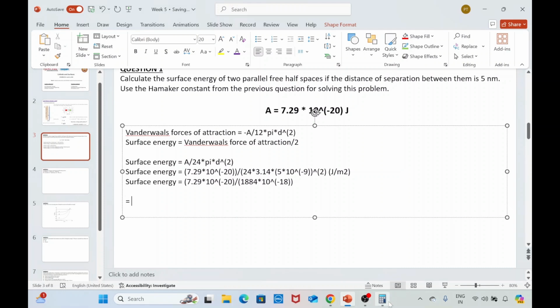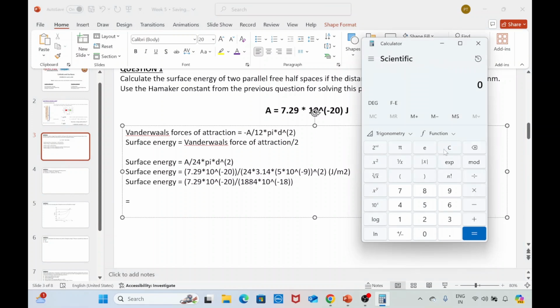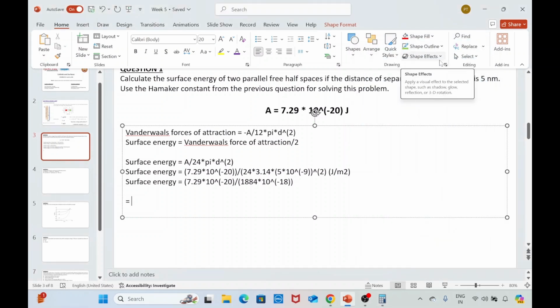So if you solve for this, 7.29 divided by 1884 is 0.00387. Now we come to the power. That will be 10 power minus 20 in the numerator and 10 power minus 18 in the denominator, so that will be 10 power minus 2.